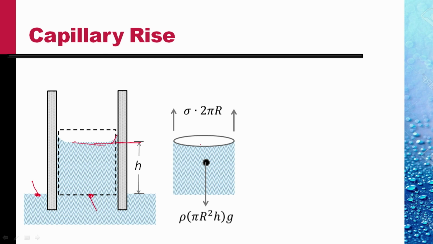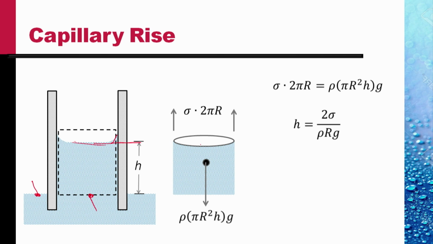Clearly, at equilibrium, the two forces must balance, and therefore we get the capillary rise h equal to twice sigma divided by rho r g.